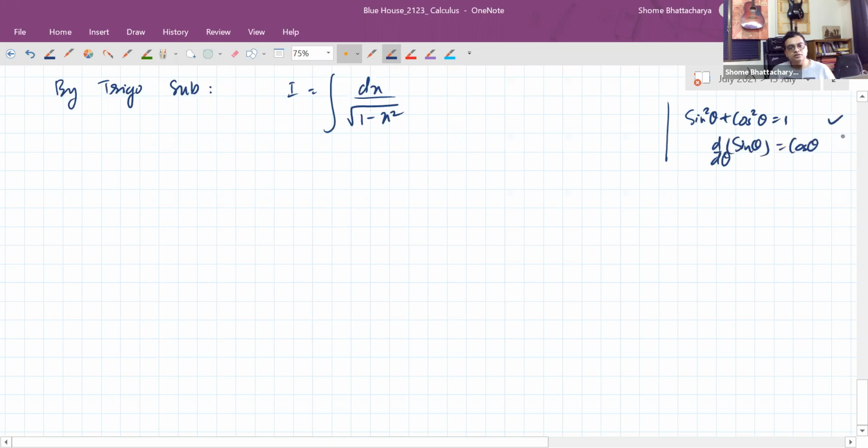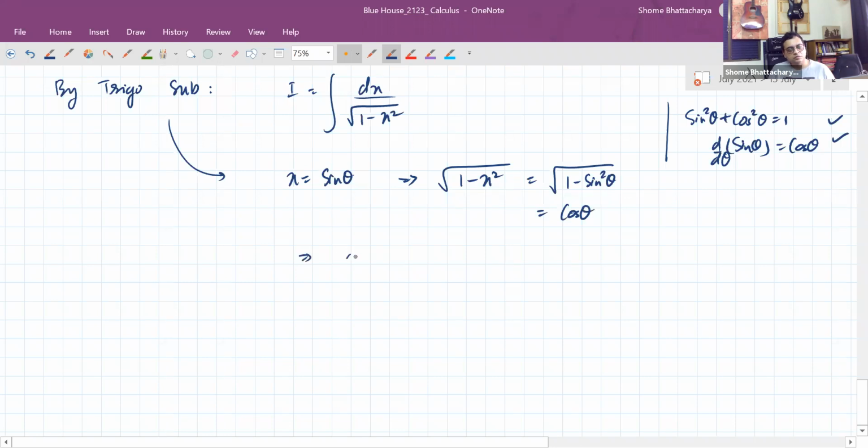So take advantage of these two things from trigonometry. We make use of this substitution that x is substituted as sine theta. So the denominator then becomes just cos theta. So square root of 1 minus x square becomes cos theta. So the numerator will come by differentiating this.